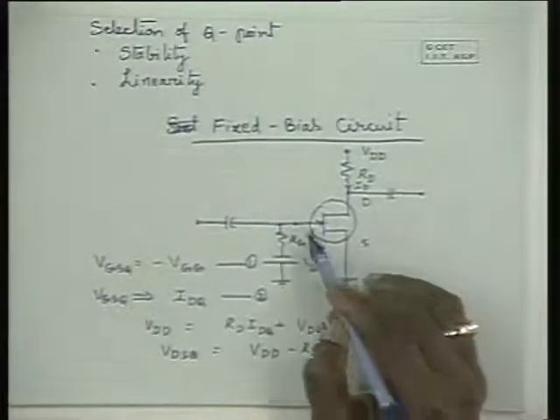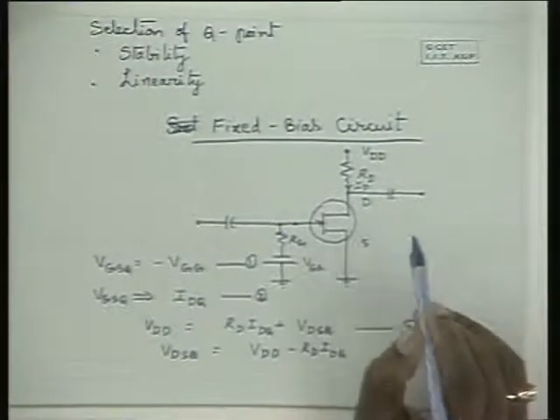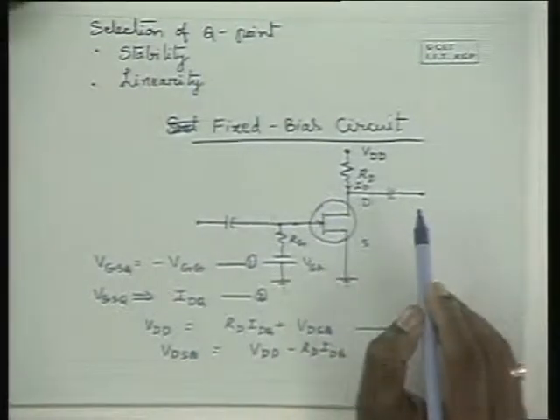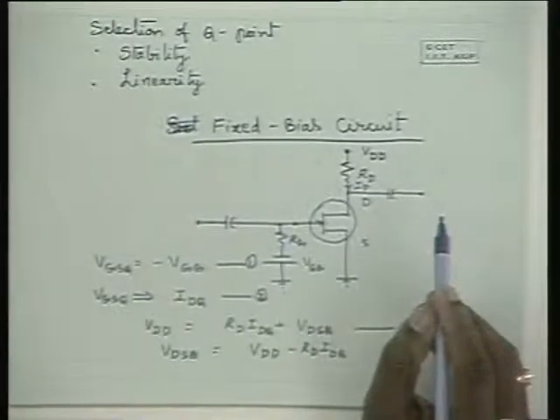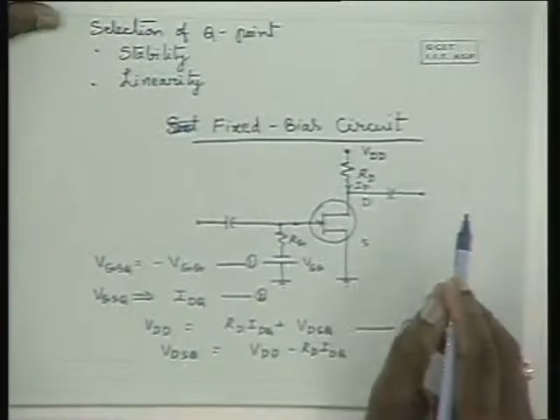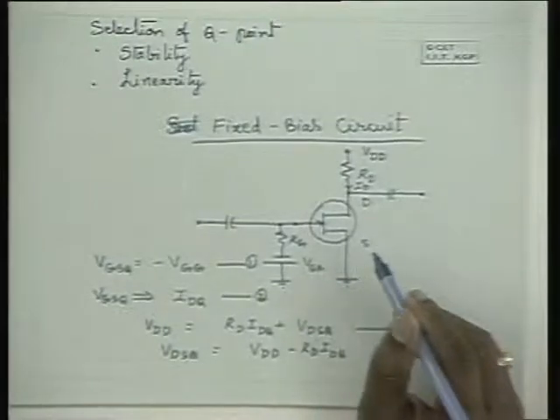And before that, selecting a particular junction FET: you have several manufacturers manufacturing different FETs, and therefore we have different FETs available in the market which are meant for different kinds of functions. Some can be used as good amplifiers, some have very high output impedance, some have low output impedance, and so on. Now you have to select a particular FET for your application. That is also a design step.